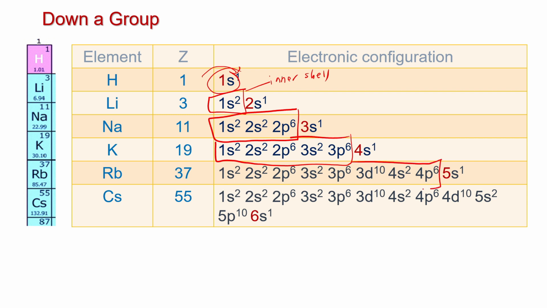So inner shell ni yang akan shield ataupun sebagai perisai akan melindungi nucleus attraction kepada valence electron. Jadi bila semakin banyak inner shell, jadi semakin banyak perisai, lebih lemahlah nucleus attraction kepada valence electron. Jadi size of atom semakin besar.